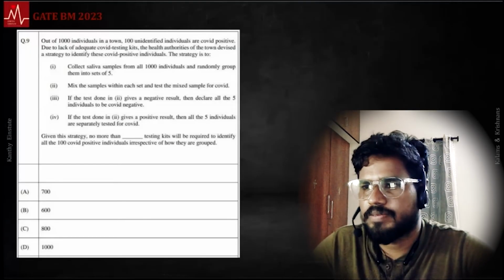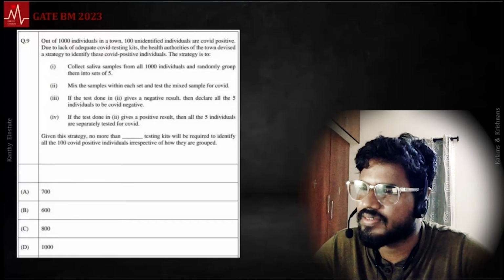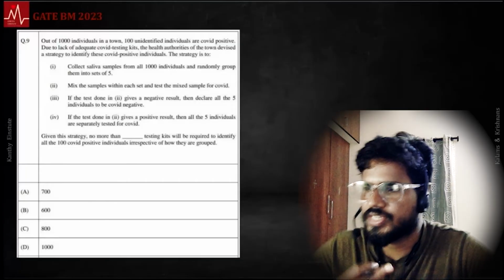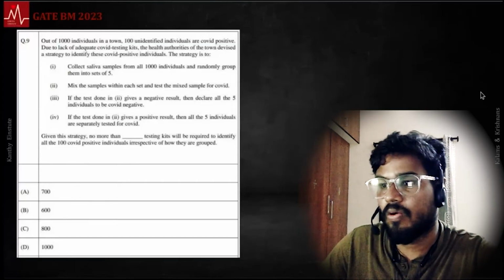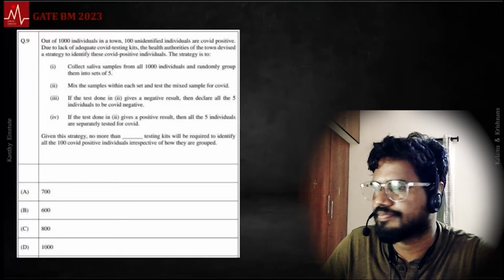The strategy is to collect saliva samples, with no more than a certain number of testing kits. There is a system in place. How many testing kits will be required to identify all the COVID positive individuals, irrespective of how they are grouped?